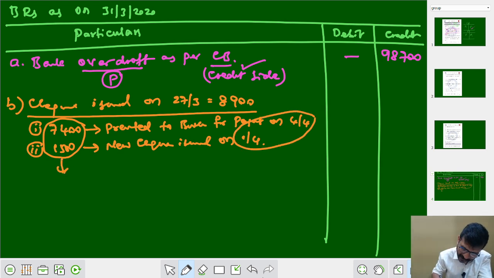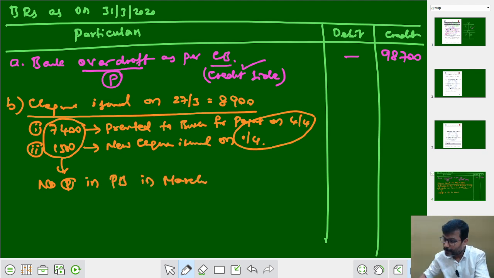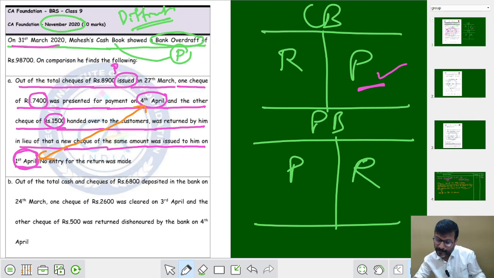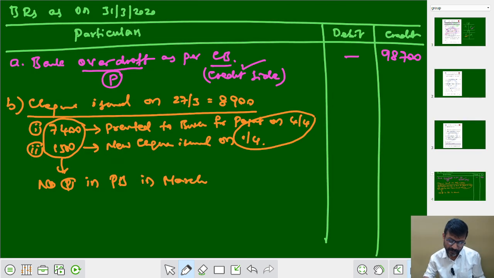Means I can say that no payment in passbook in March. No payment in passbook means what? No debit in passbook. So where I have to take? We have to record it on the debit side for a full amount of 8,900. Okay, let me move on to the next transaction.